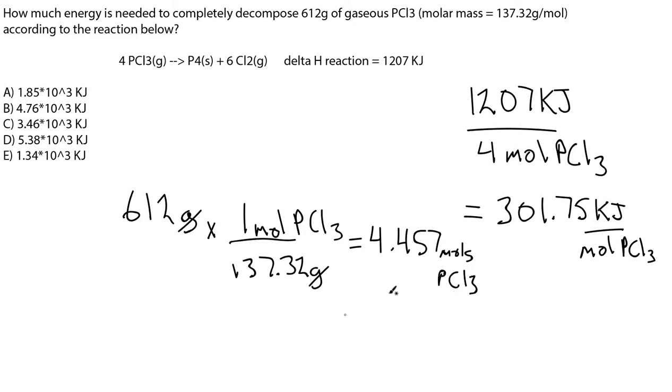So now that we have the number of moles in this sample and we know how much energy is needed to decompose 1 mole, all we have to do is multiply 4.457 moles times 301.75 kilojoules.